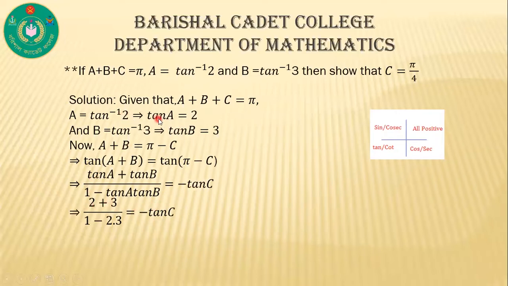Now putting the value of tan a and tan b here, then we can write 2 plus 3 by 1 minus 2 into 3 is equal to minus tan c. Implies tan c is equal to tan pi by 4. That means 2 plus 3 means 5.